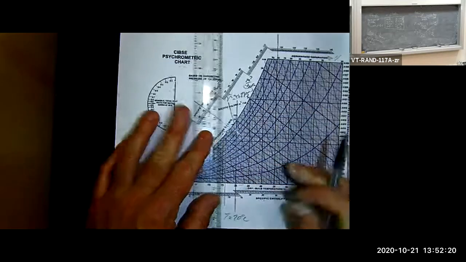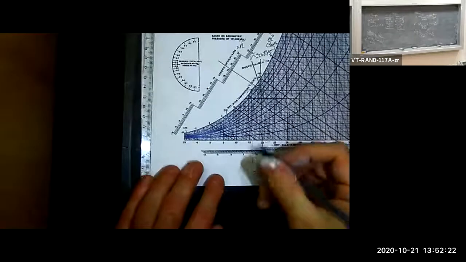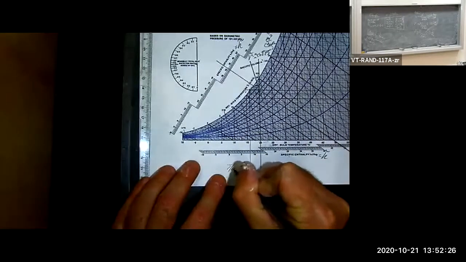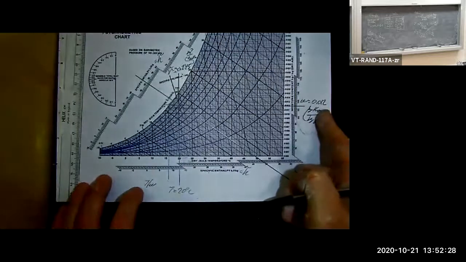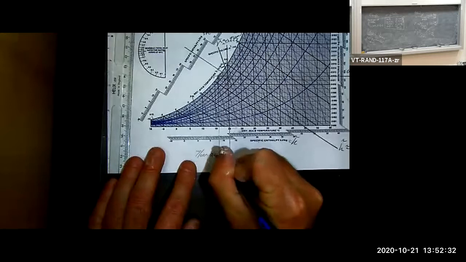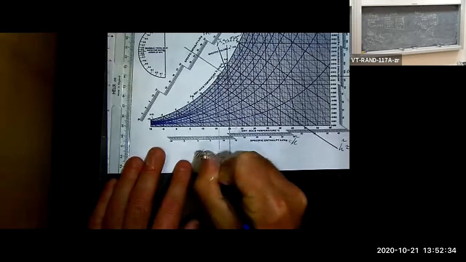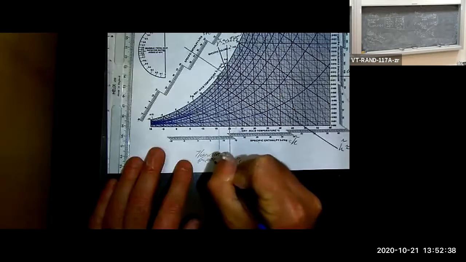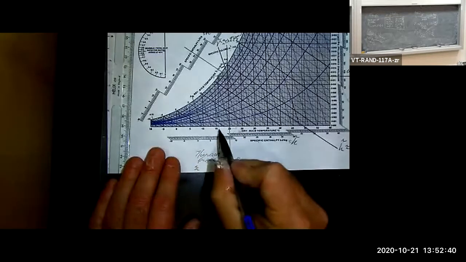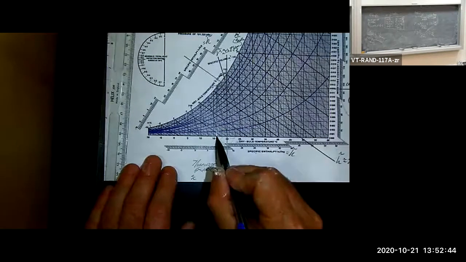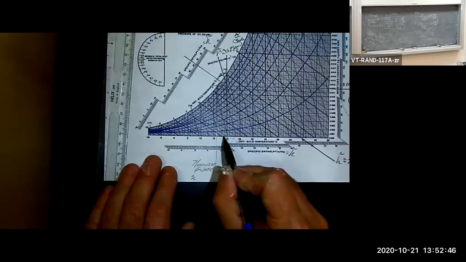And I see that T evaluated at omega 0.012, relative humidity equals 100%, is approximately equal to, let's see, this is 15, this is 16, 17, 18, 19.